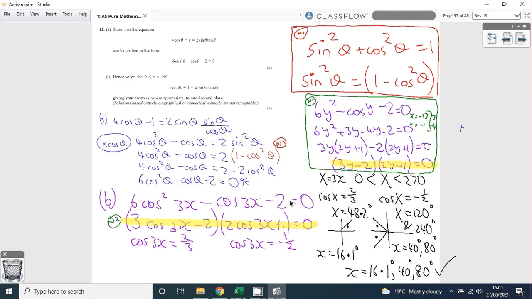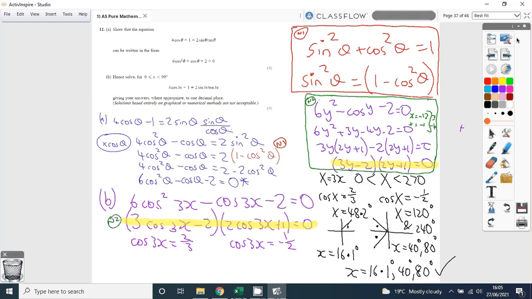You might be able to do that just by trial and error. I can't. So that's my workings over here inside the green rectangle, where I've just, for ease, replaced cos 3x with y. So I'm having to solve 6y squared minus y minus 2 equals 0. Ignore where it's saying cos y there. That's a mistake, isn't it? Let's just take that out if I can.